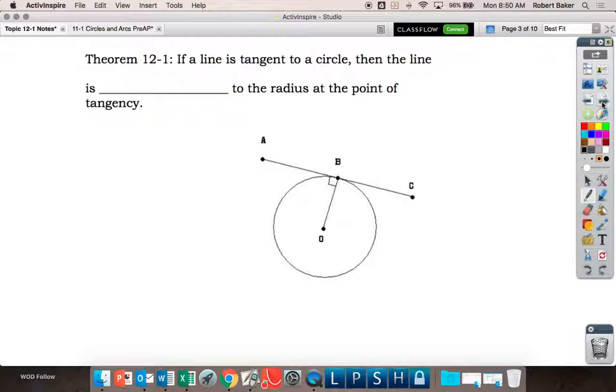If they create 90, so if this line is tangent to the circle, then the line is blank to the radius. The black line is what to the radius? Perpendicular. So one thing we're trying to remember here is that the radius and the tangent line are always perpendicular.